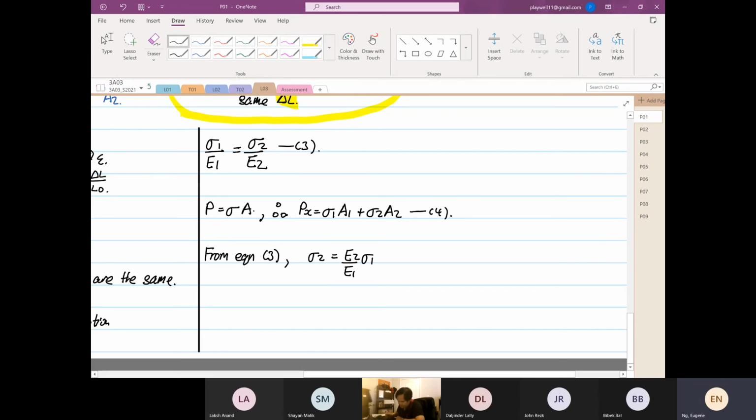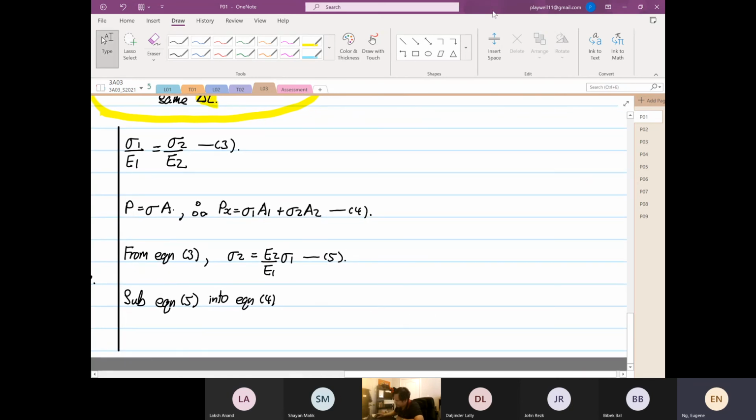This is our equation number 5. Now we are going to substitute equation number 5 into equation number 4.